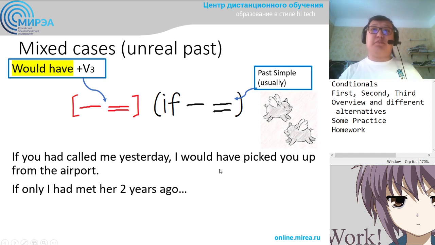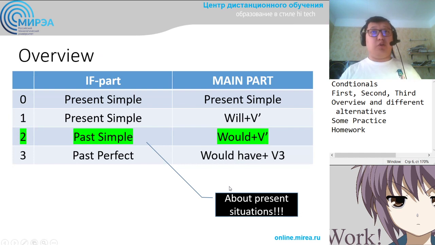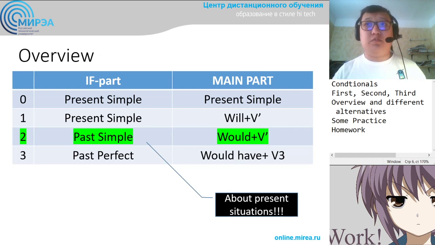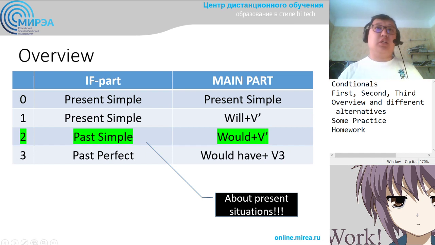It's also possible. So a quick overview of the conditional sentences. We've got if parts and main parts in the table. So the zero conditional uses present simple altogether. It's like general knowledge. Everybody knows about these things. It's a fact. It's a rule. It is always true.